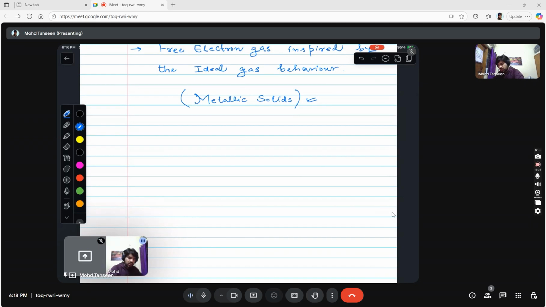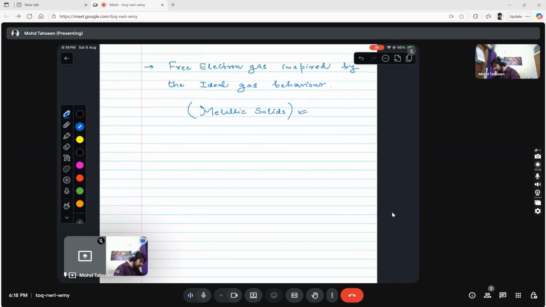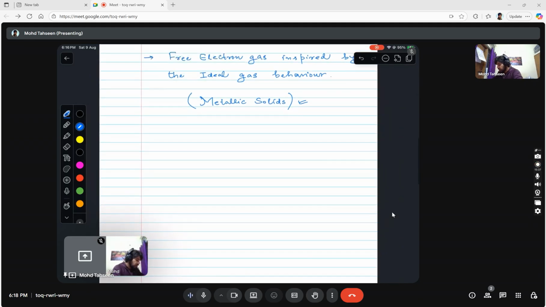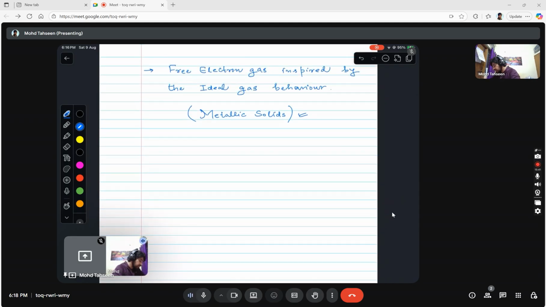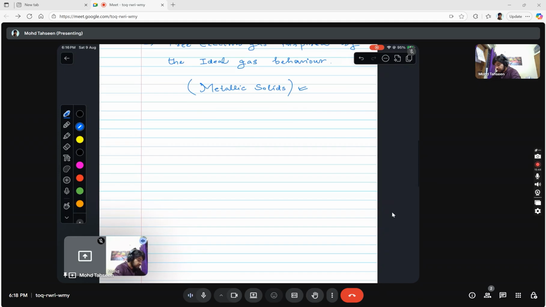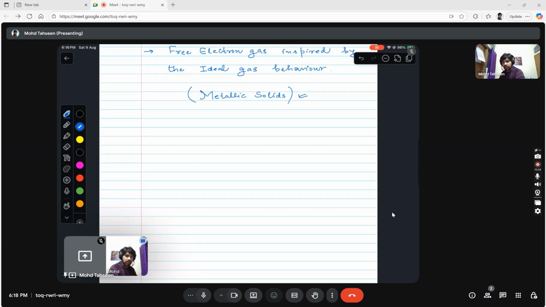Okay, so we are going to continue. Let's continue our discussion on free electron gas. Oh no, first let's basically review what we learned about ideal gases in our +2 level, and then we'll try to motivate why we are looking at this picture and how we are going to use it to study the conduction problems of metallic solids.